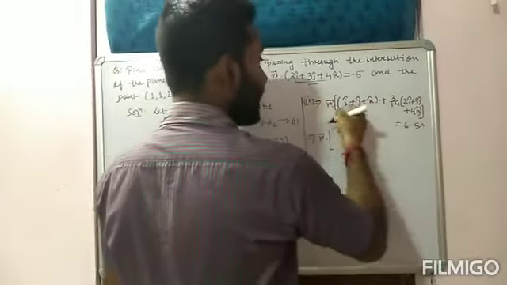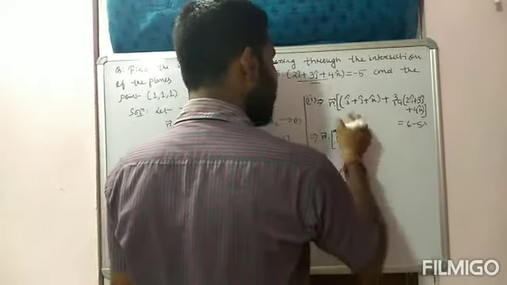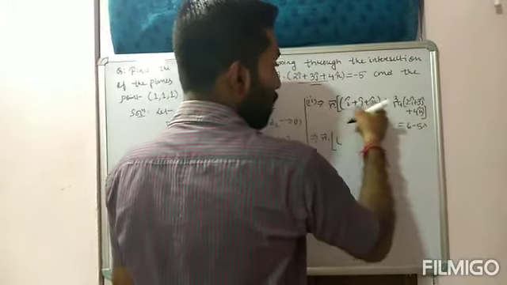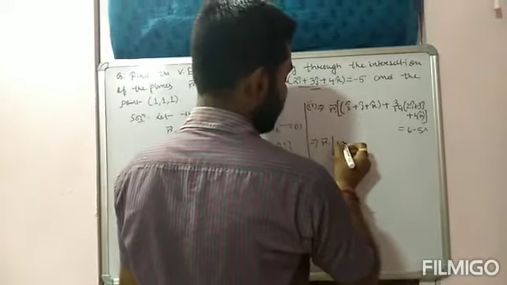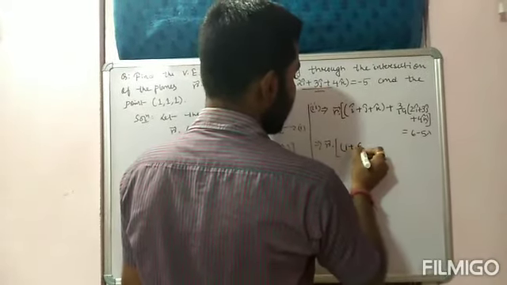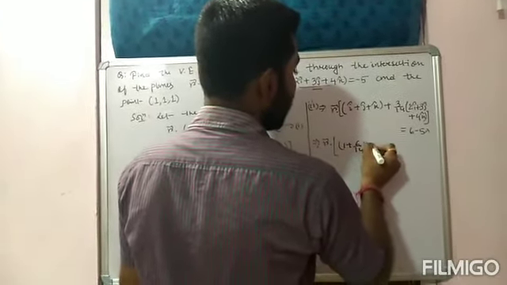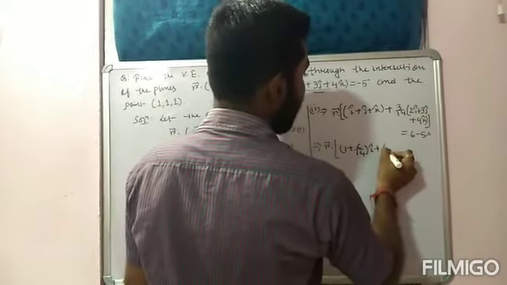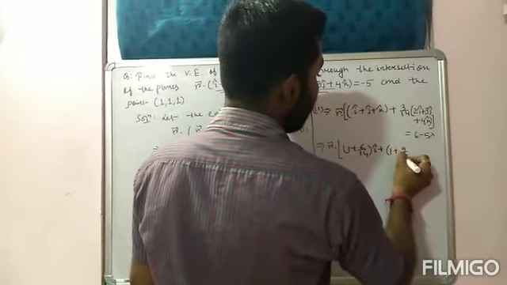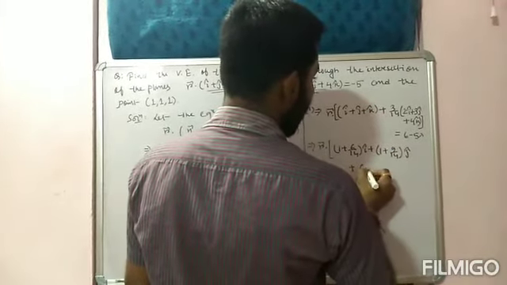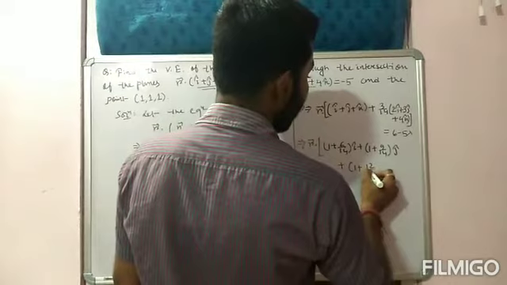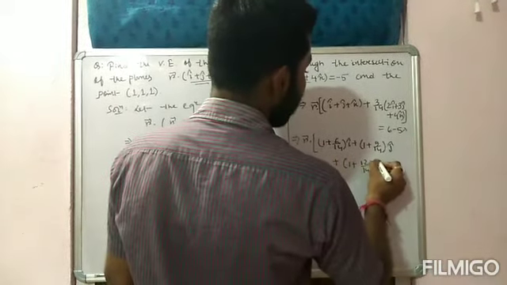Now if you want to take i cap common, again you can take i cap common. So यहाँ पे रहेगा (1 plus 6 by 14) i cap plus (1 plus 9 by 14) j cap plus (1 plus 12 by 14) k cap.